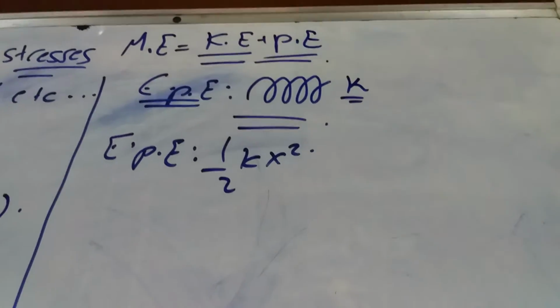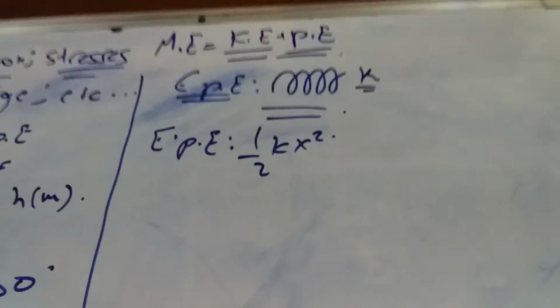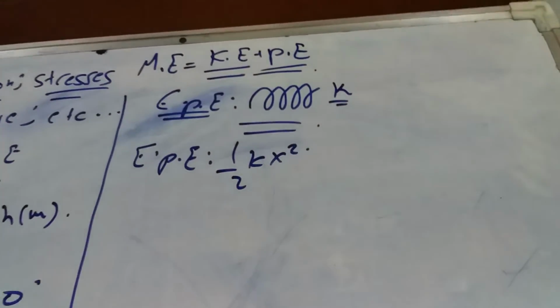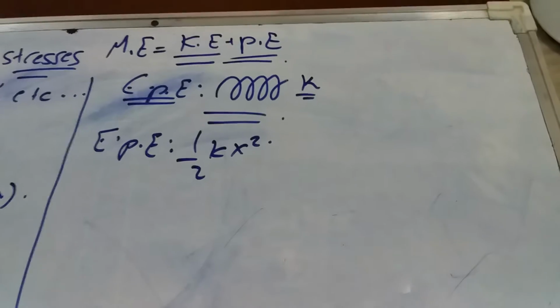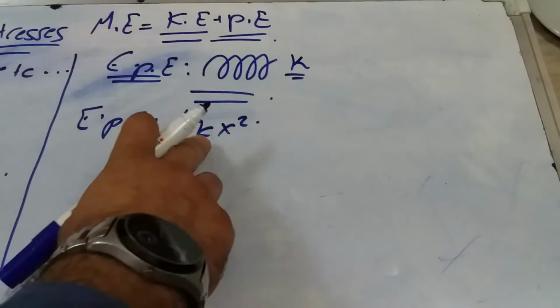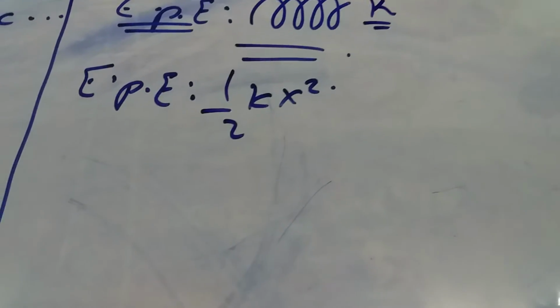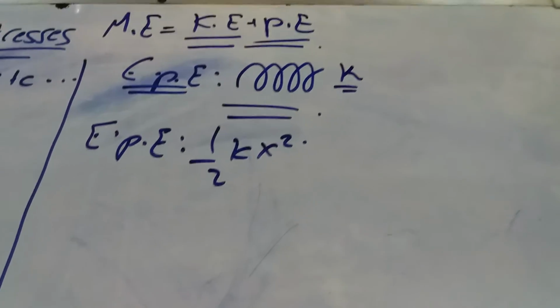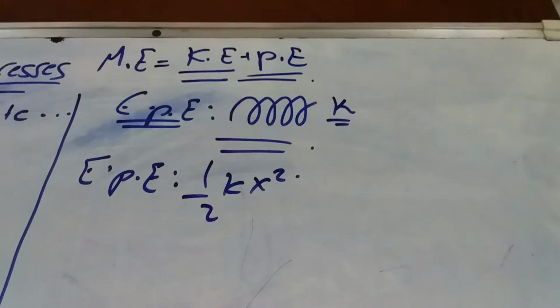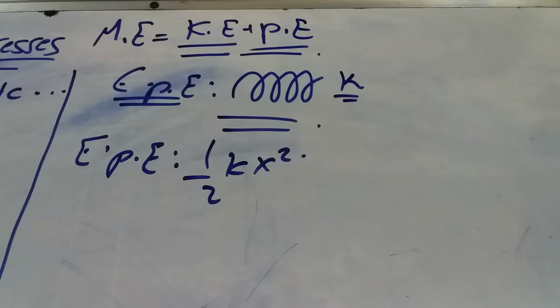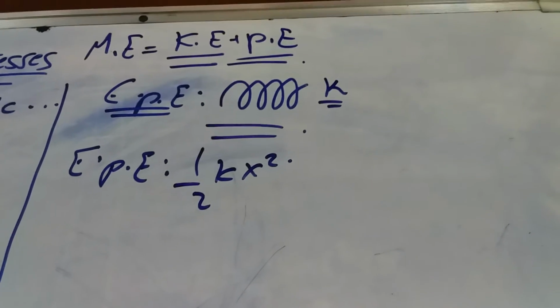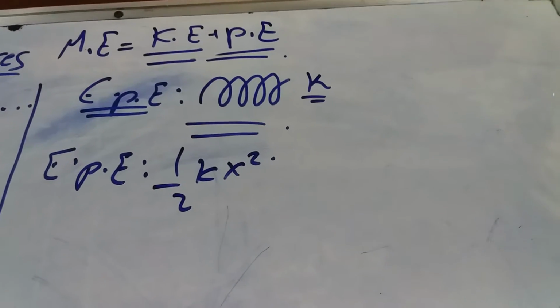The more we compress or elongate the spring, the more energy is stored as elastic potential energy.